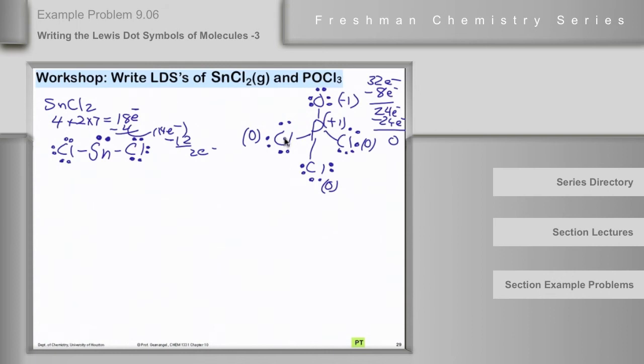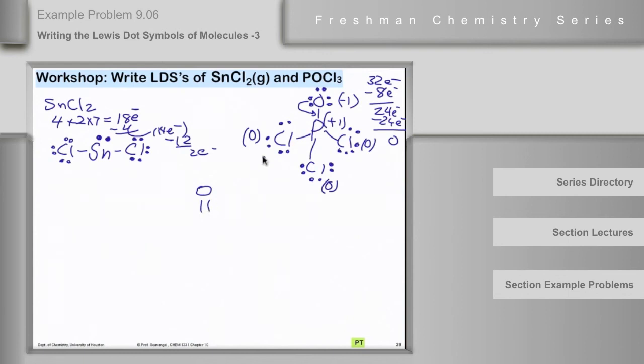Okay? Now, phosphorus has Z greater than 12, so we might be able to make the formal charges better by taking a pair of electrons and making a phosphorus-oxygen double bond.